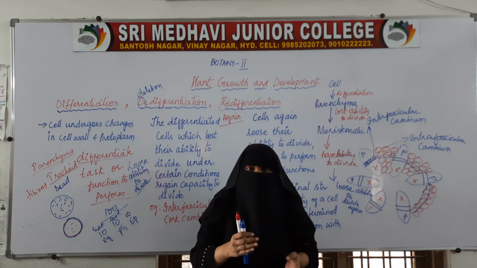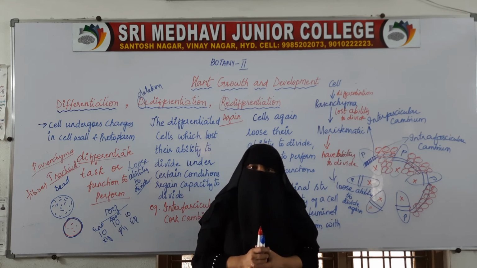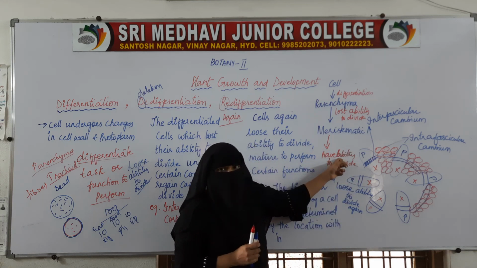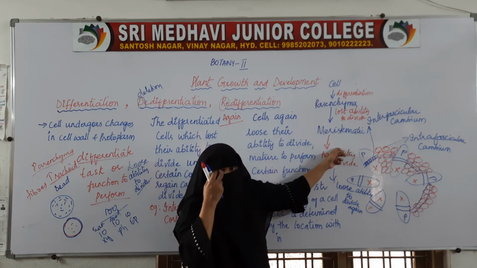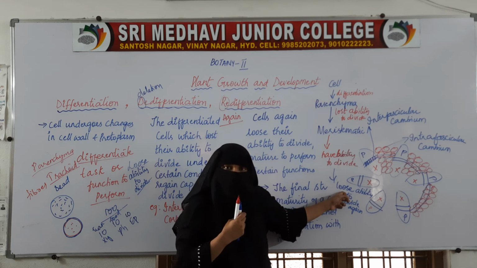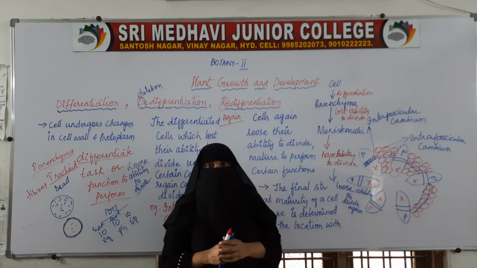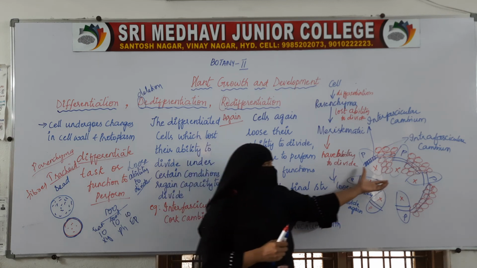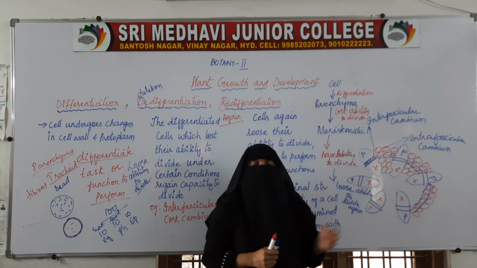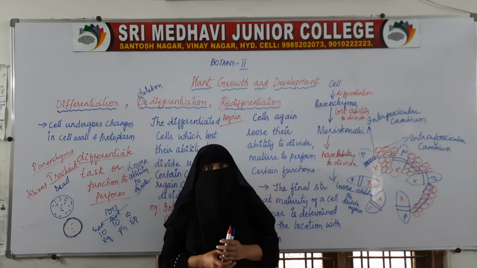So new cells are formed in order to perform a particular function only. This process is seen in dicot stems and dicot roots, where we see secondary growth.